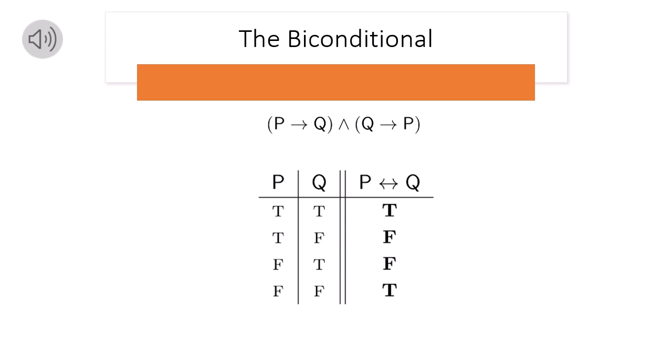Now, the reason why I've included it here on the top is it helps us a bit with understanding where the English translation for the biconditional comes from. So the first conditional up there, P arrows Q, is P only if Q. And then we've got a conjunction, and then we have Q arrows P, so it's written in the reverse order.